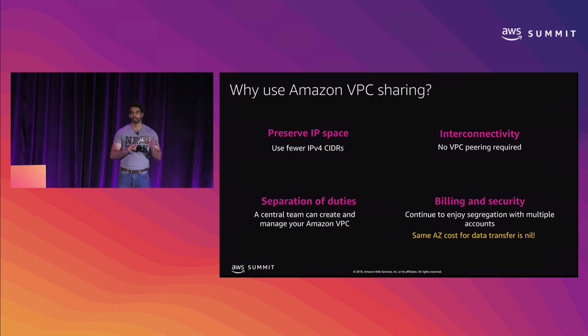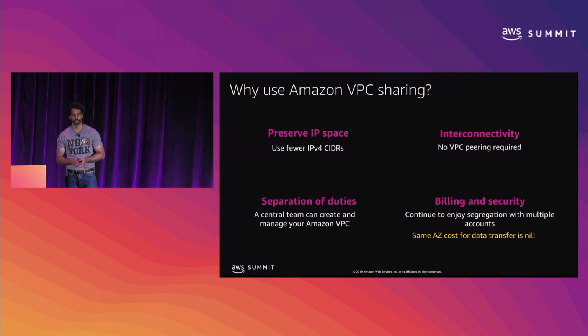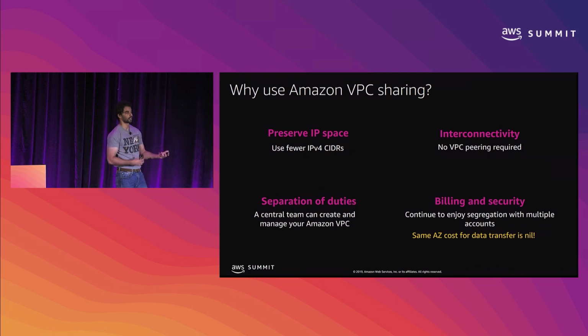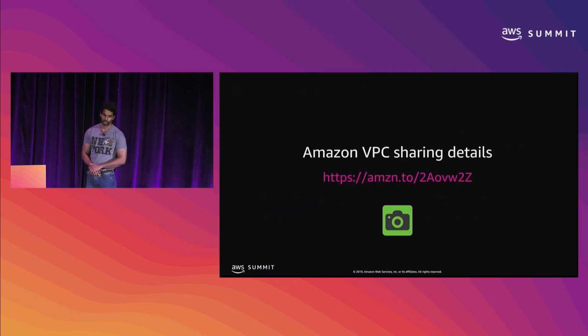Try to build multiple shared VPCs based on what you're trying to do. If you have applications which have similar networking requirements, putting them in a shared VPC makes sense. But if you want to create network isolation between different applications, and they have different routing requirements, then maybe put them in different VPCs. So it's a design decision there. More details on VPC sharing are in the link there.